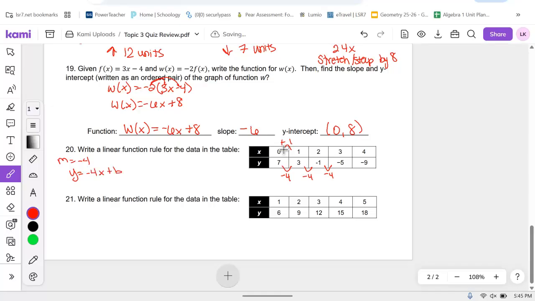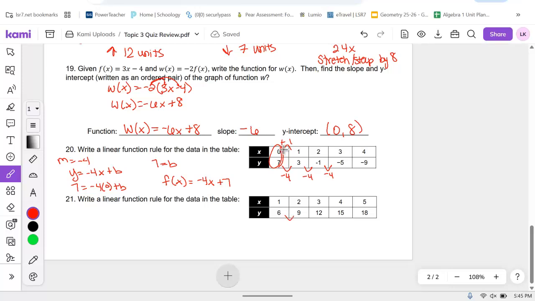I need to solve for b, so I'm going to plug in a point. I'm going to plug in 7 for y, 0 for x. Then I have 7 equals b, so my function is f of x equals negative 4x plus 7.